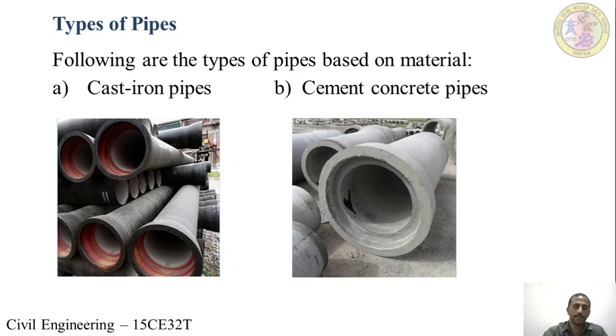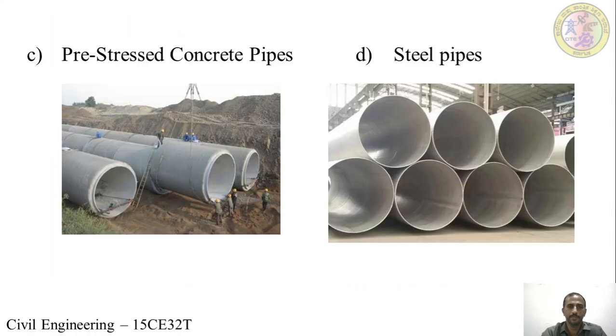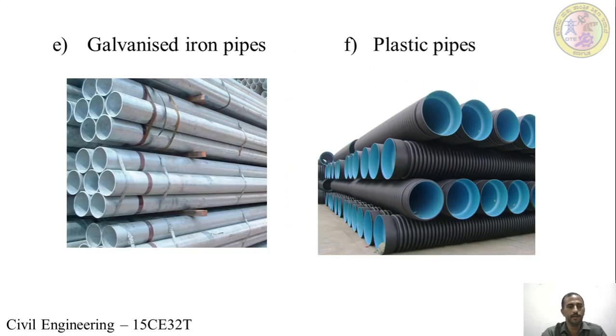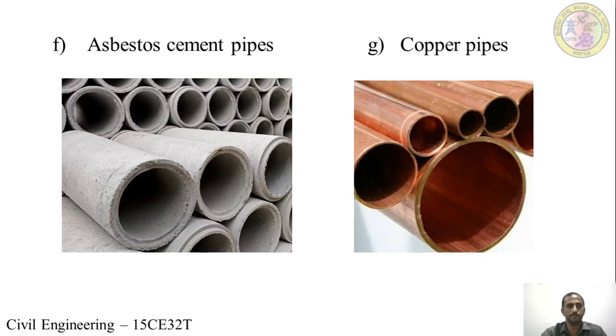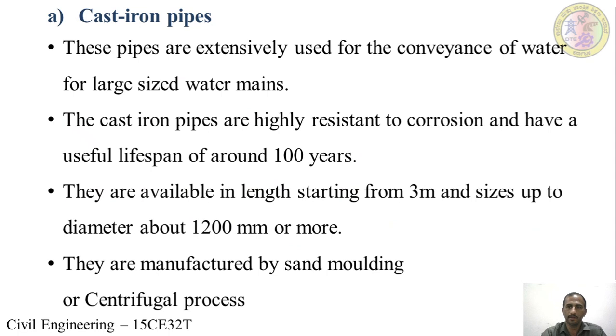There are cast iron pipes, cement concrete pipes, pre-stressed concrete pipes, steel pipes, galvanized iron pipes, plastic pipes, asbestos cement pipes, copper pipes, etc. In this session, we will focus on the first type, that is cast iron pipes, and remaining type of pipes we will be discussing in the next session.